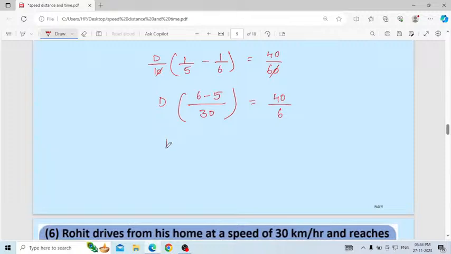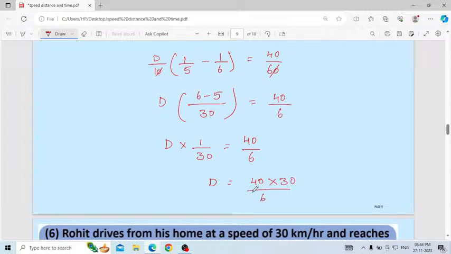Then D will be equal to 40 into 30 by 6. You can cancel here, otherwise write and cancel, whichever is easy for you, do it.